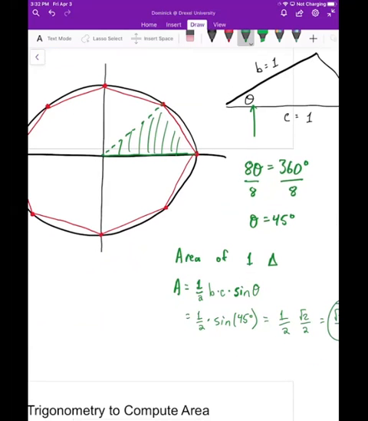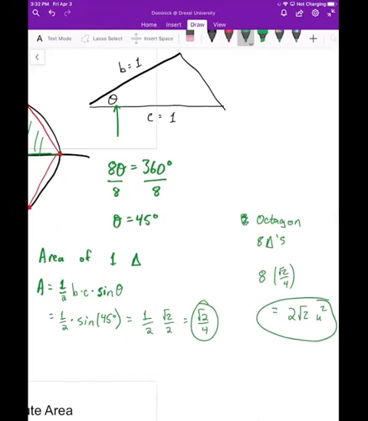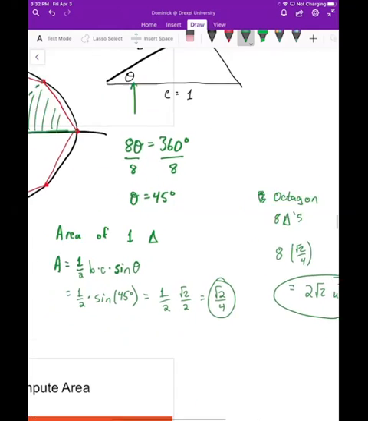So now to get the entire octagon, the octagon is 8 triangles. So I need to do 8 times square root of 2 over 4. And once we multiply, we'll get that the area is 2 times square root of 2 square units. All right. So we can break this up into triangles, find the area of one triangle, and then multiply by however many that you need. Okay.